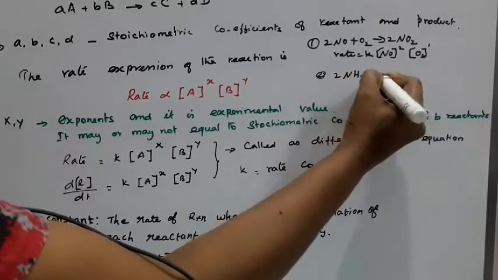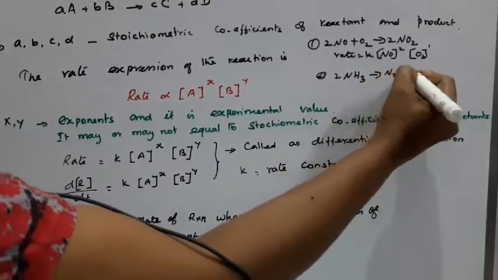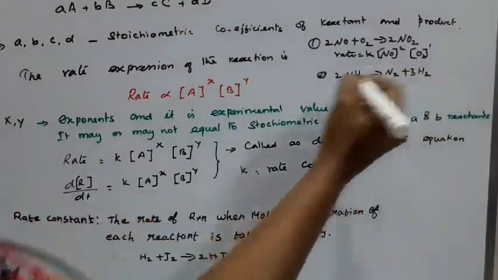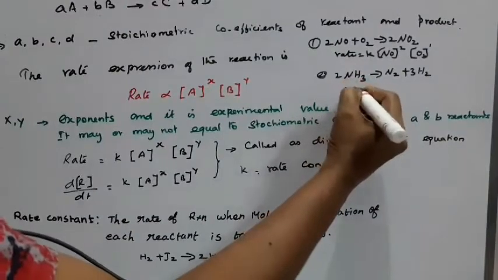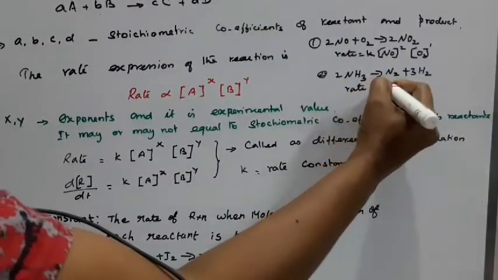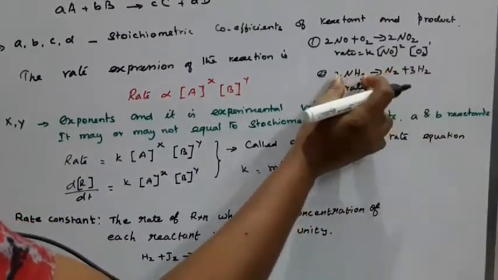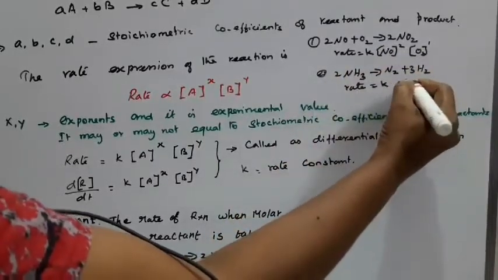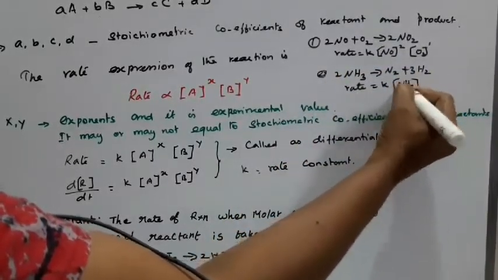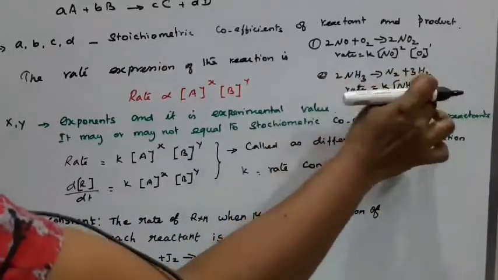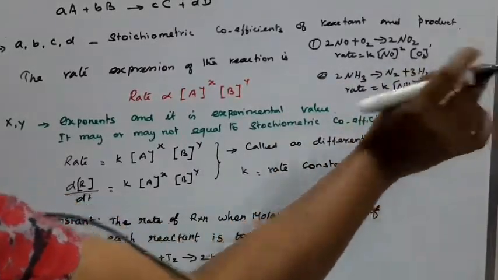But at the same time, take another reaction: 2NH3, the ammonia synthesis, gives N2 plus 3H2. How do you write the rate? Rate equals k times the concentration of reactant NH3 raised to the power 2. It is not 2; for this case it is wrong.